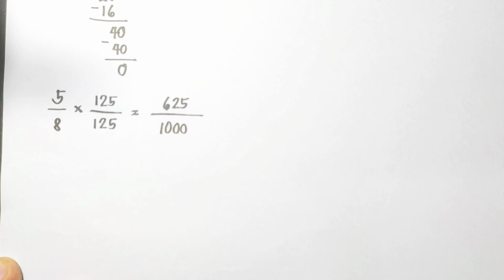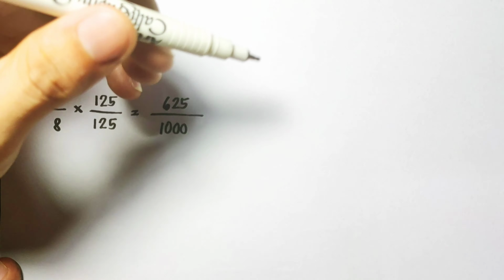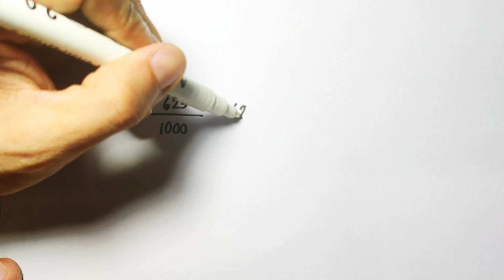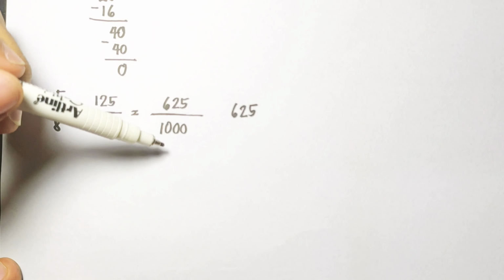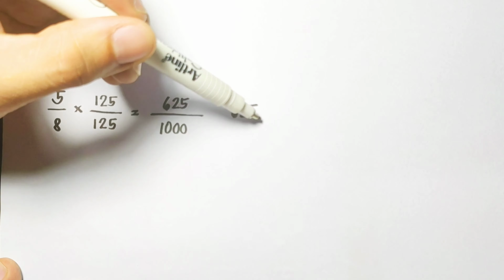So 5 times 125 is 625. So, since meron na tayong 625/1000, madali na natin itong mako-convert by decimal. So, mula sa 625, i-move lang natin yung decimal point niya to the left, kung ilang 0 meron doon sa power of 10.